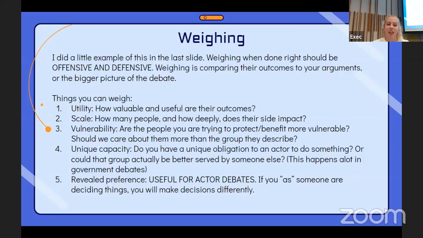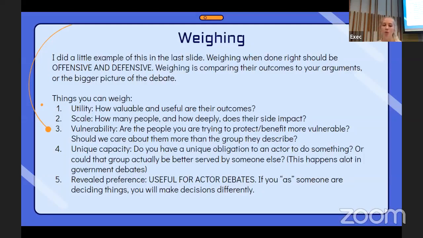The third classification, as you can see here, has a little bit of overlap, and vulnerability could also be classified with the deep impact that it might have with scale. But vulnerability is also slightly different. In this kind of weighing, you want to be talking about whether the people you're trying to protect or benefit are more vulnerable, and why you should care about them more than the group they describe.